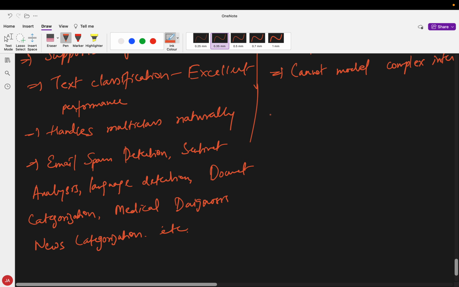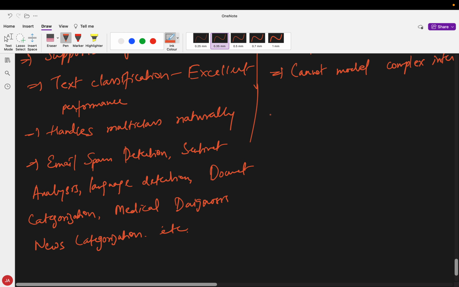Handles multi-class naturally. Yes, no matter the number of classes, it can handle every class naturally and calculate the posterior probability for each and every class, and we can find the highest posterior probability class.